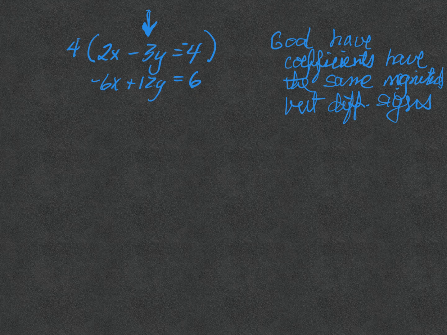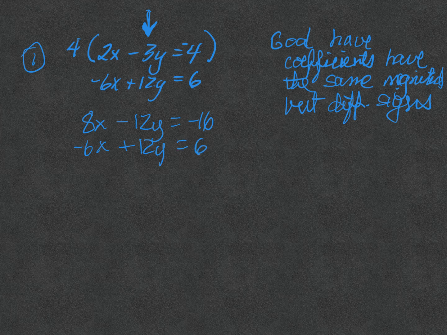So what I do, this is really step 1, where we figure out what to multiply the equations by. And then we do that, so we rewrite the system: 8x minus 12y equals negative 16. And then I have the negative 6x plus 12y equals 6.